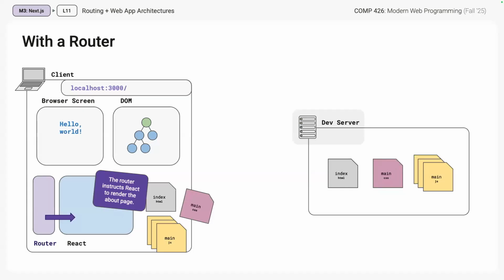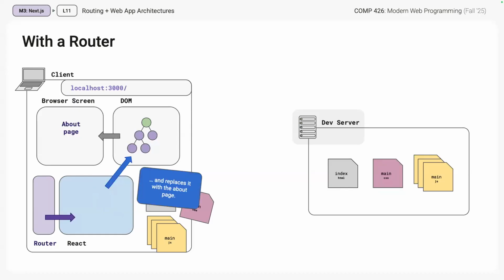Even though only the home page is being shown, all of our components are kind of living in these files. So instead of making a new request to restart the process, let's just use the component that's already in our bundle. It's already in the JavaScript. Let React just render it. And so the router instructs React to instantly replace the currently active component with the one for the about page, like so.